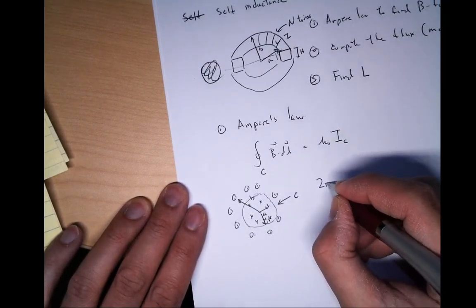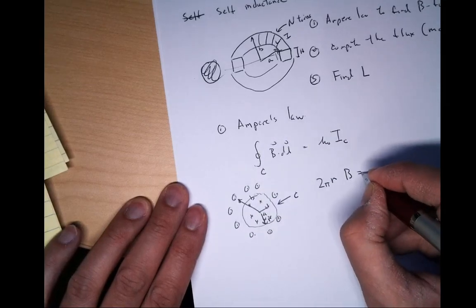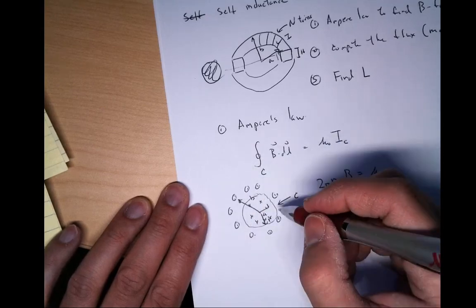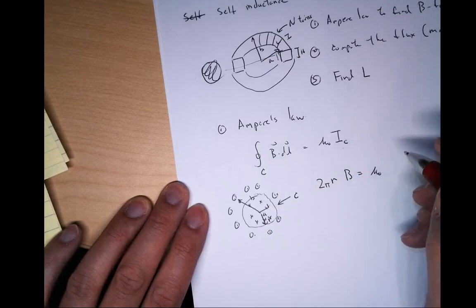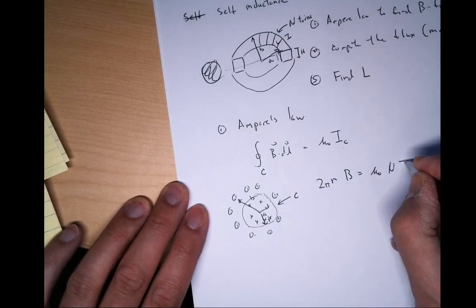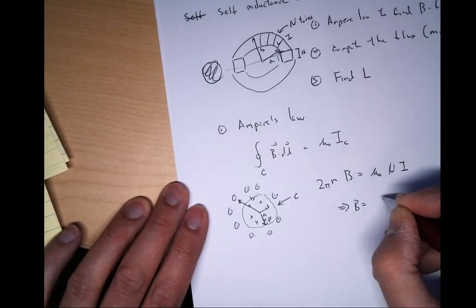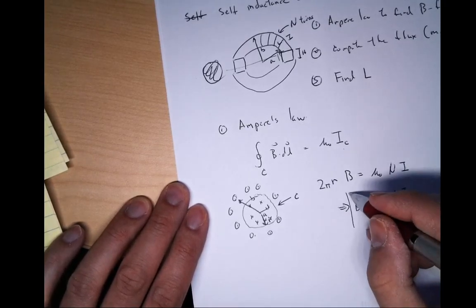This is 2 pi R. 2 pi R times B is equal to mu 0 times how much current is contained here? Let's count them. There are N turns, and every turn has I moving through it, so it'll be N times I. And so we're left with the B field is equal to mu 0 N I over 2 pi R, which is what we got before.